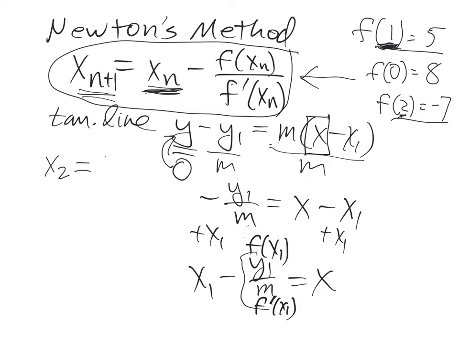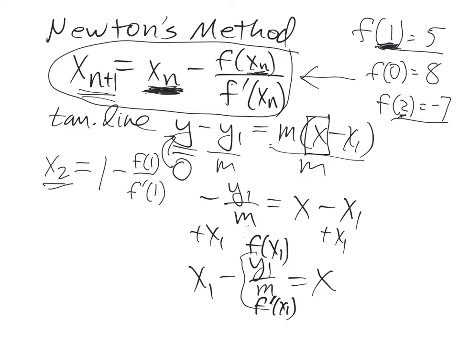X sub 2, we would calculate 1 minus f of 1 over f primed of 1, and then whatever our function happens to be. And then calculate that. Then turn around and use this value here. So x sub 3 would equal x sub 2 minus f of x sub 2 over f primed of x sub 2. And it's called reiterate.